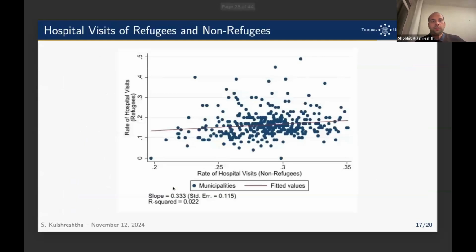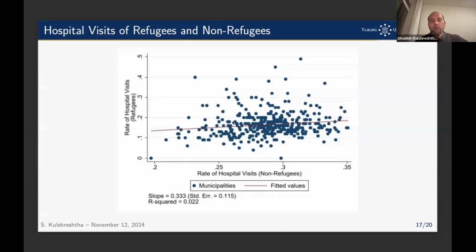Okay, so the second question, and the last part of my slides, is whether these place effects are similar for both population groups, refugees and non-refugees. I start by plotting a scatter plot with the rate of hospital visits among non-refugees on the x-axis and the rate of hospital visits among refugees on the y-axis.